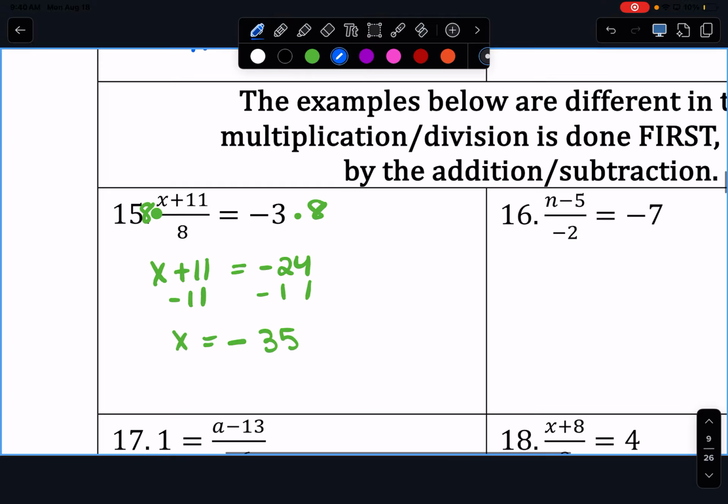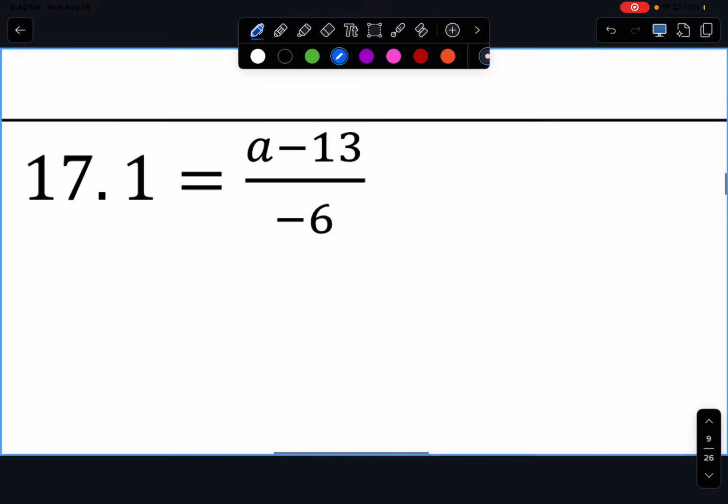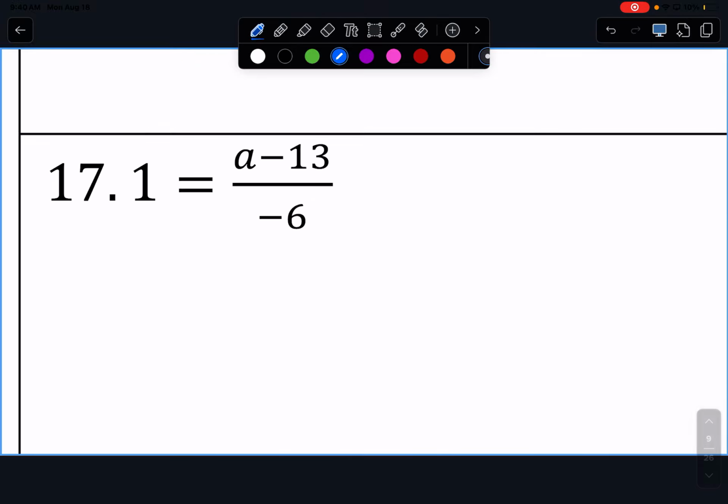Let's look at 17. All right. What do I need to do first on 17? Multiply by -6. Why can't I move this yet? Because it's still got a denominator, right? So we're going to multiply both sides by -6. -6 times 1 is?